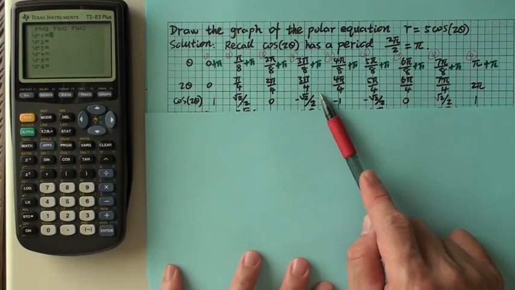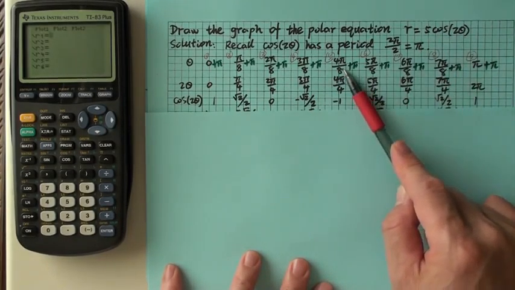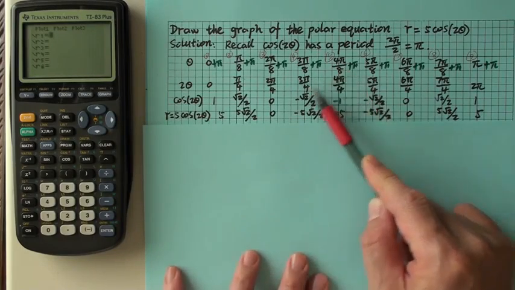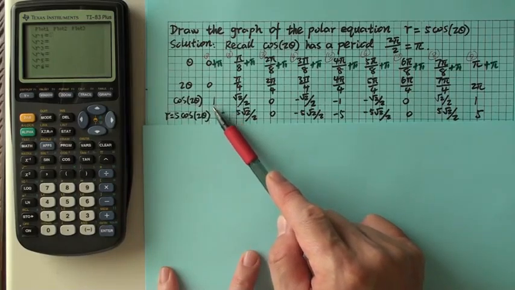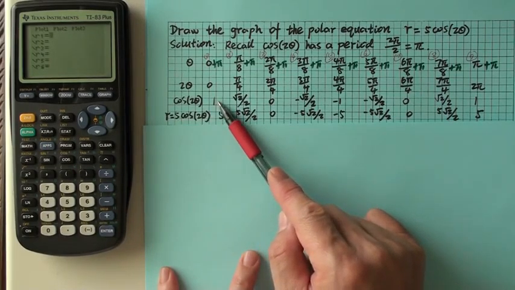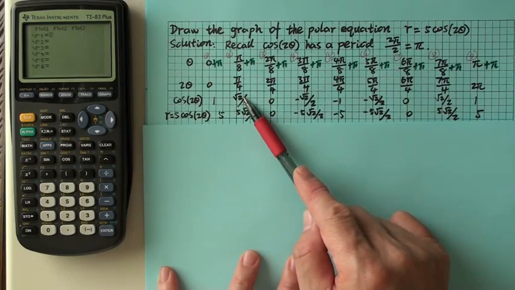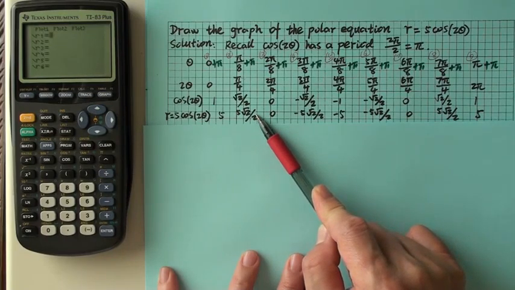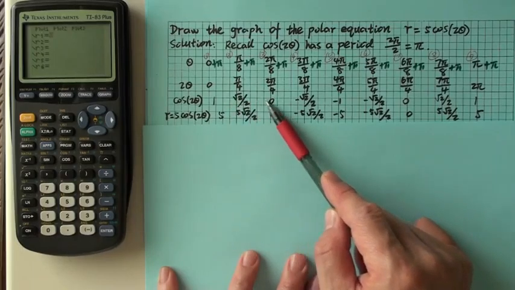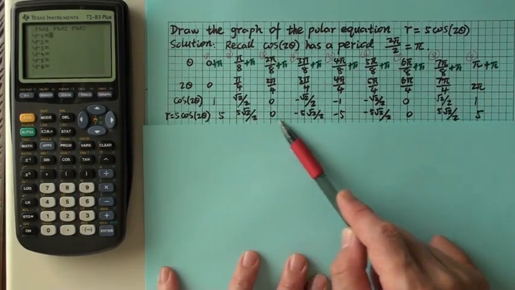Now we know we have 5 in front of it. So what we did was put 5 times cosine 2 theta. 5 times 1 is 5. 5 times radical 2 over 2 is 5 radical 2 over 2. 5 times all the values above, you get all the values below.